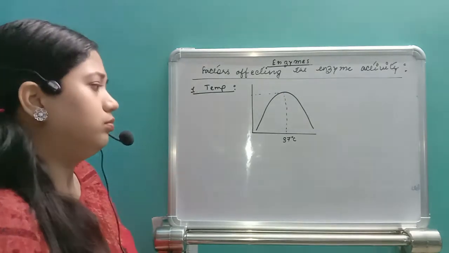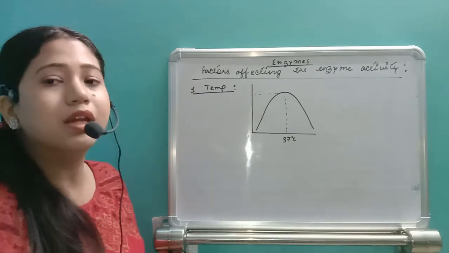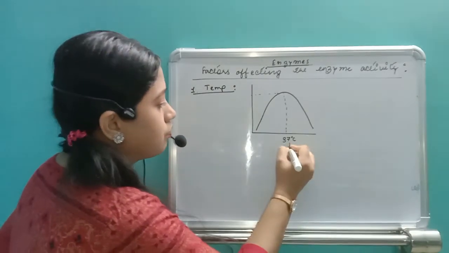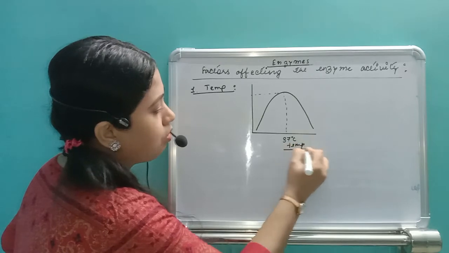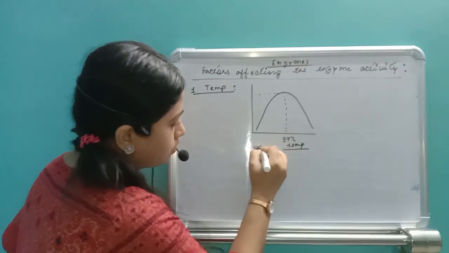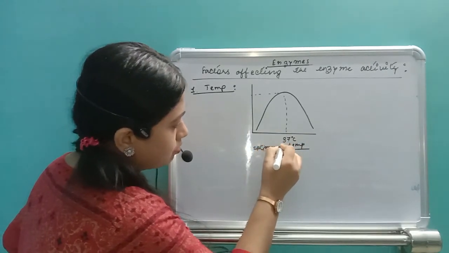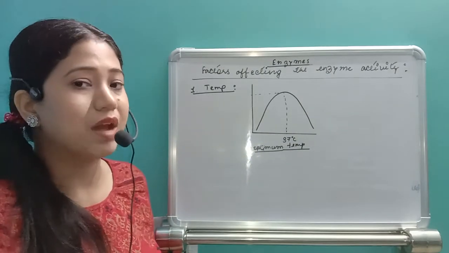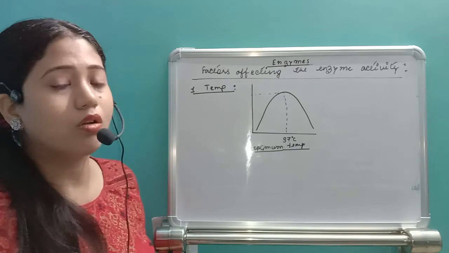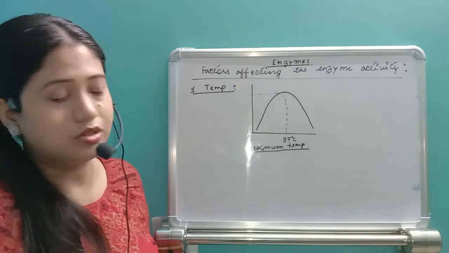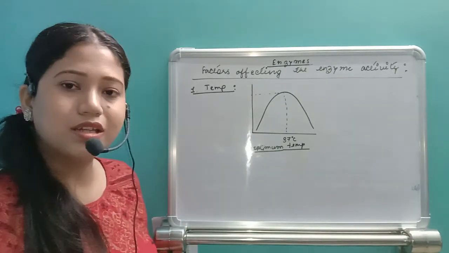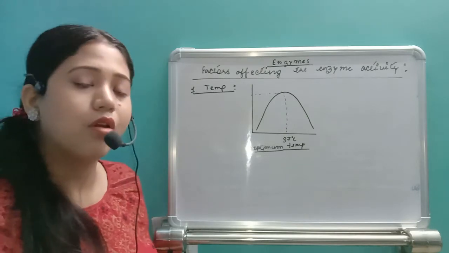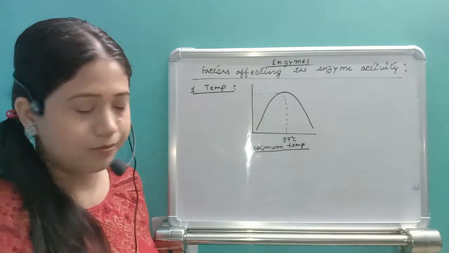This will be the optimum temperature. Optimum temperature means the temperature at which an enzyme shows its maximum activity. So 37 degrees Celsius is the optimum temperature for most of the enzymes in the human body.